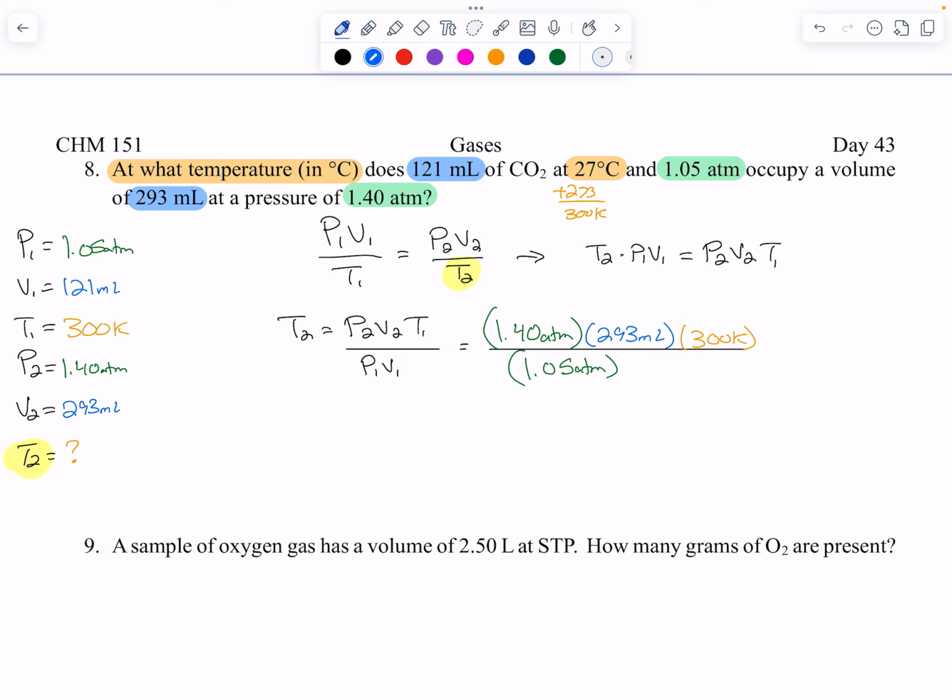And V1 is 121 milliliters. All right. And so I take my 1.4 times 293 times 300 divided by 1.05, and divided by 121. I get 968.595.